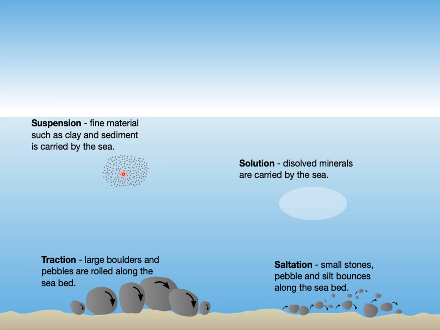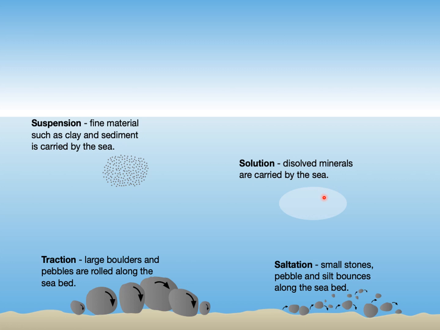And then up here now, we have the finer particles like sand, for example, or clay, other sediments being carried all the way by the water. They are suspended or floated in the water. And that's what we call suspension. And those minerals like salts and calcium that have been dissolved in the water are carried in solution.